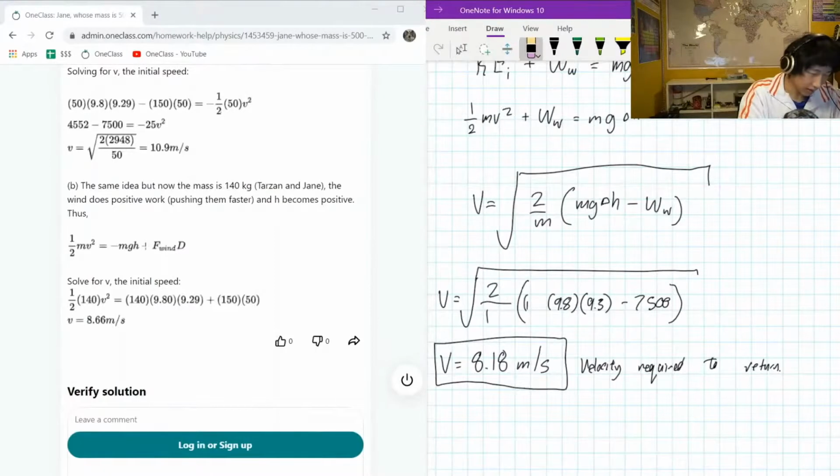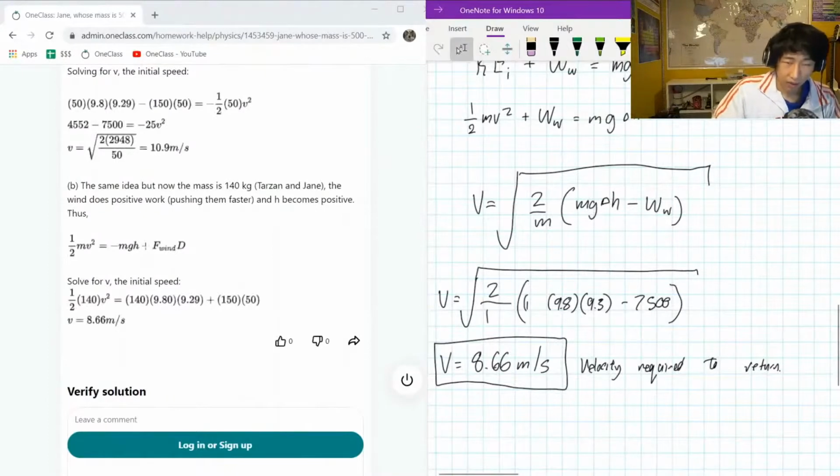Luckily in my calculator, that's a very easy thing to recalculate. That's very bad of me, so stay ready to avoid things like that. And yeah, I did actually calculate 8.66 as well, meters per second, and that would be the velocity required to return across that chasm.